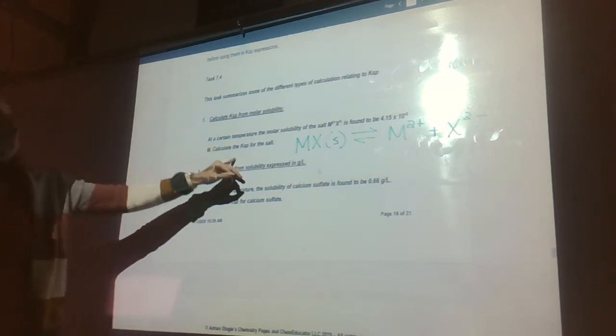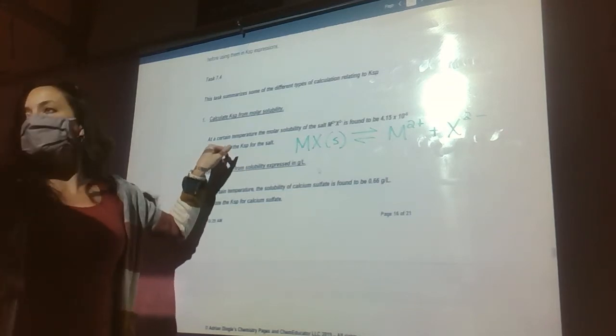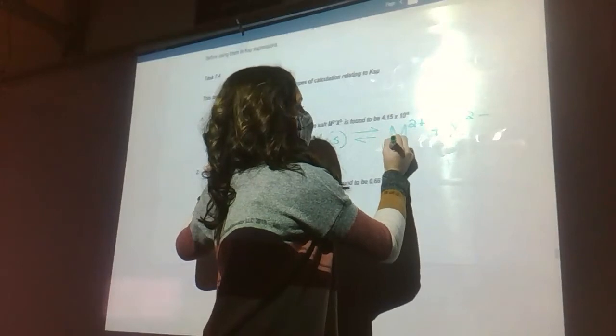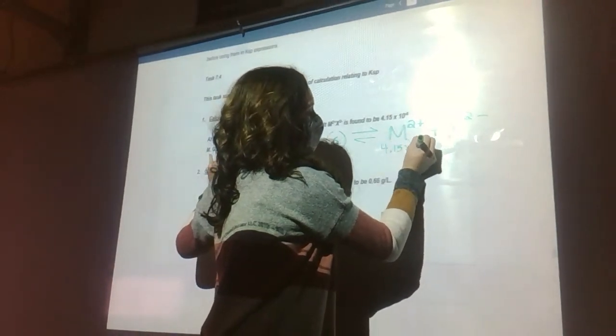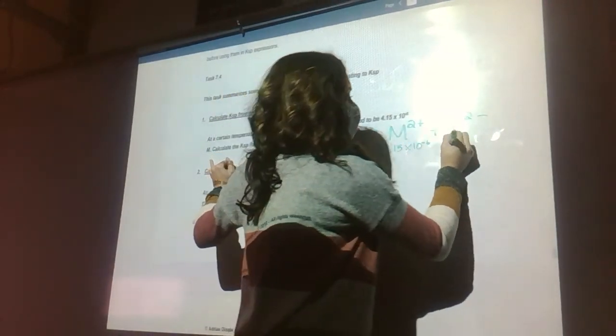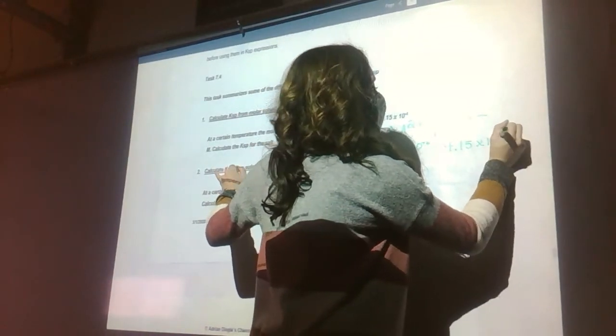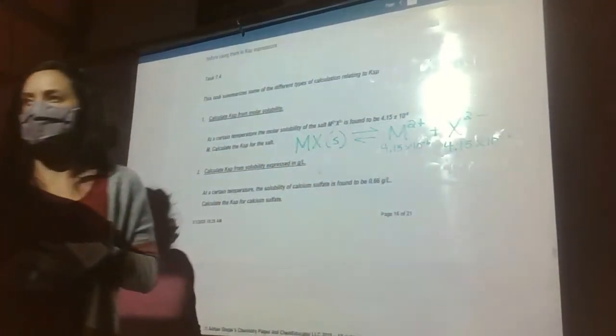So if 4.15 times 10 to the negative 6 moles per liter of this dissolve, your concentration of both of these, it's a 1-to-1 ratio, is 4.15 times 10 to the negative 6.